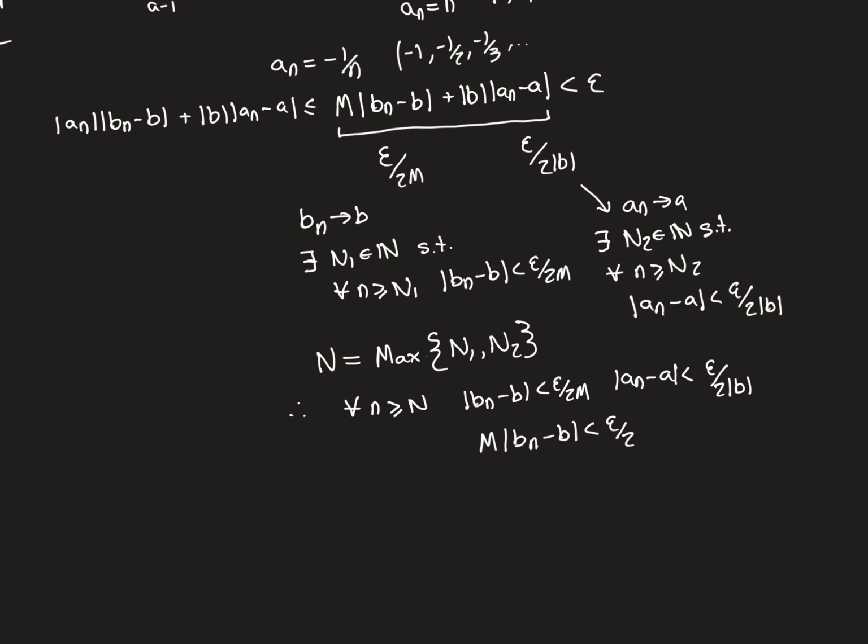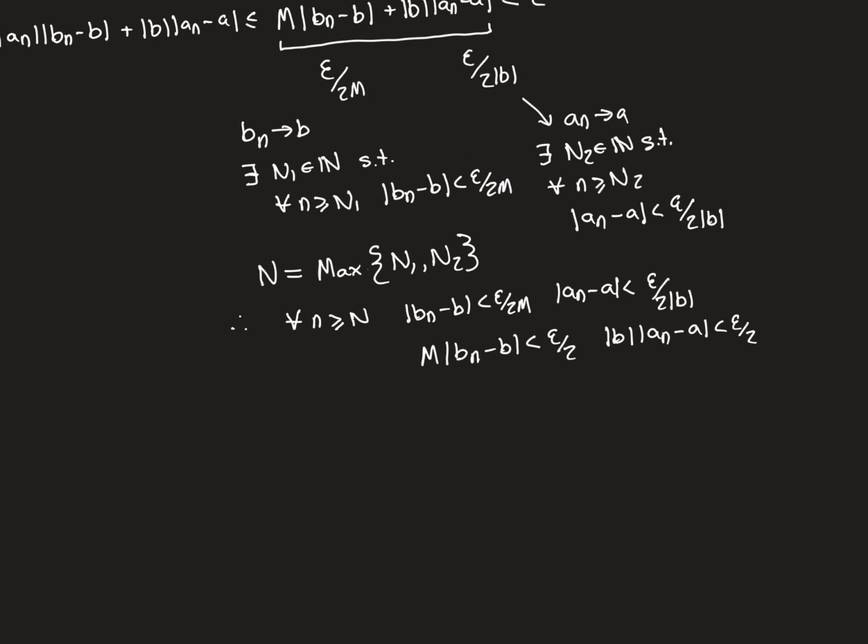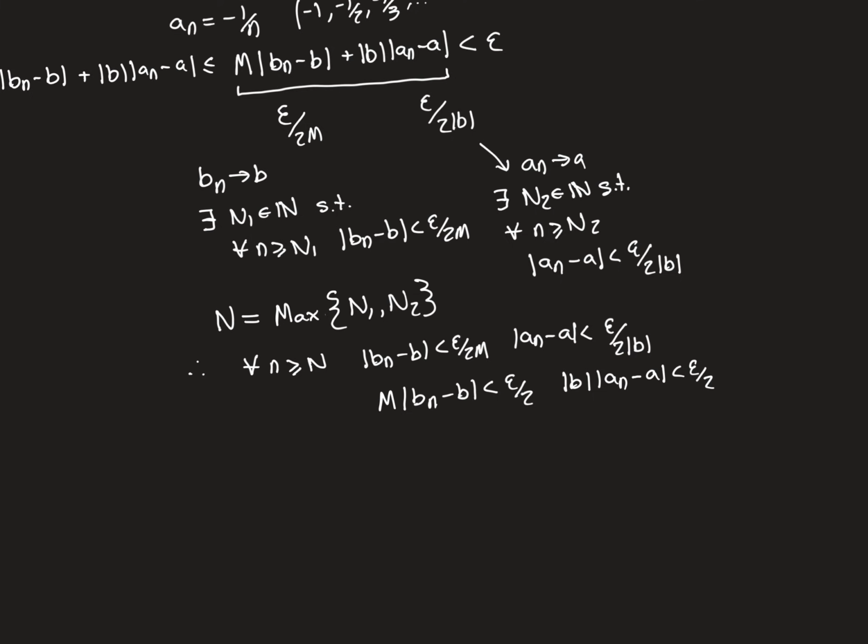We'll also multiply both sides of this inequality here by mod of b to get that mod b times mod an minus a is less than epsilon over 2. And then to arrive at this inequality, I suppose in full rigour, what we'd need to do is add this thing onto both sides of this inequality.